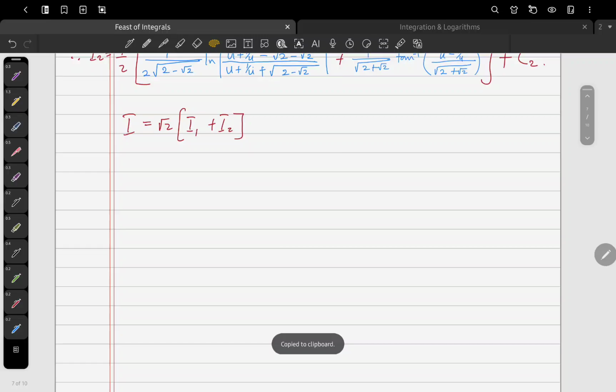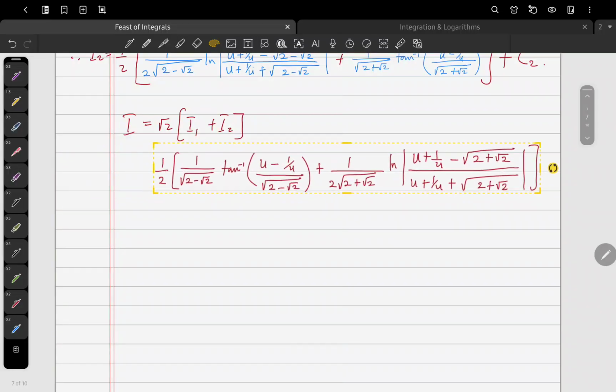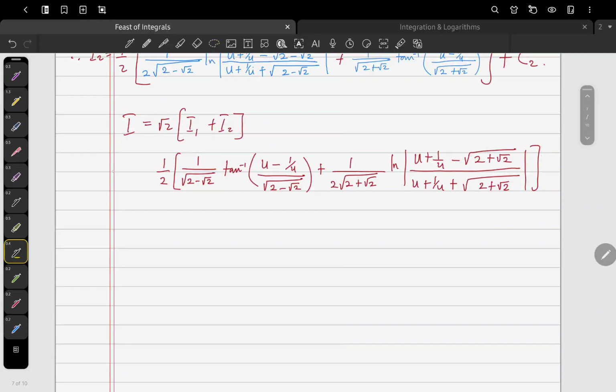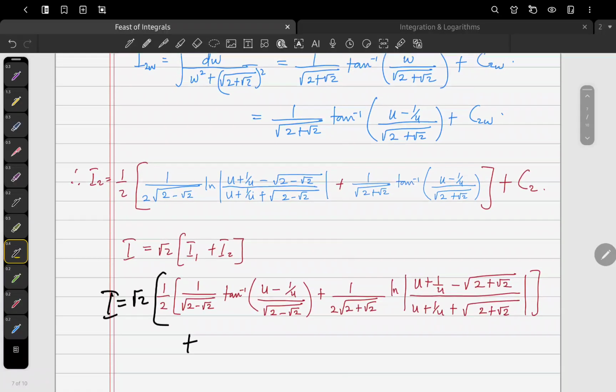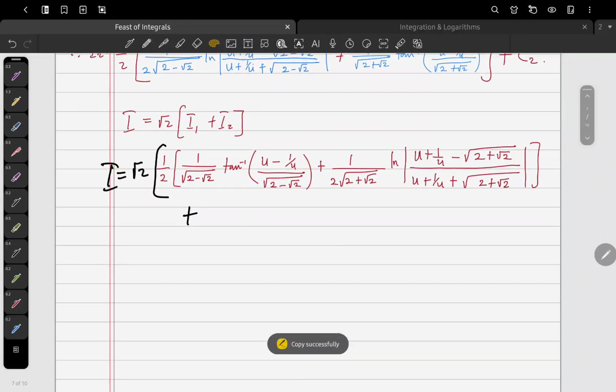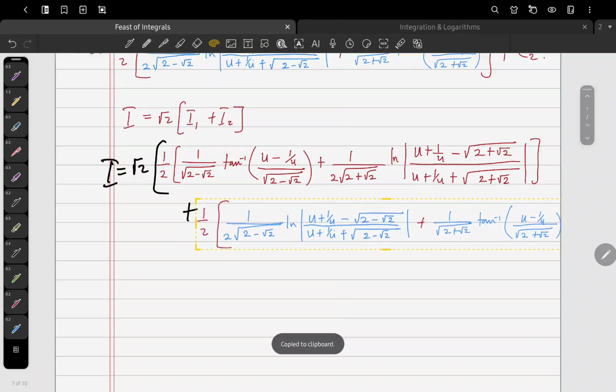So I is equal to square root of 2 times this guy plus the other guy, this one. Copy, paste.